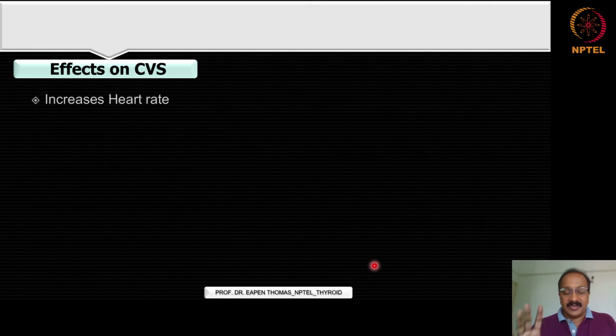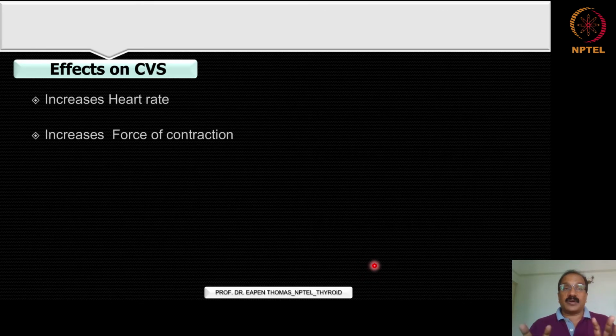You'll feel a higher, rapid rate of pulse, and tachycardia is quite common in these patients. It also increases the force of contraction of the heart, so the myocardium contracts at a faster rate and with more force. Thereby there's always an increased cardiac output and increased stroke volume. I've told you earlier, patients having hyperthyroidism, the thyroid hormone has its own functions on the system. So all these are actions on the CVS.